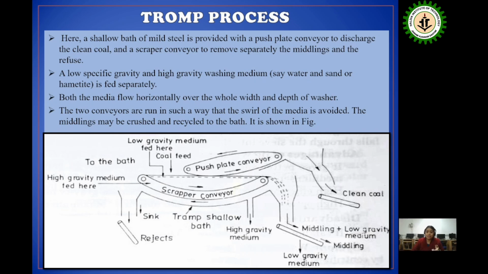That is the Tromp process. This is also a wet process. To see this process, the diagram is given very clearly. The diagram exactly narrates where the coal is fed. The arrowhead given on the top shows the coal, that is the coal with all the impurity, is fed from the top.